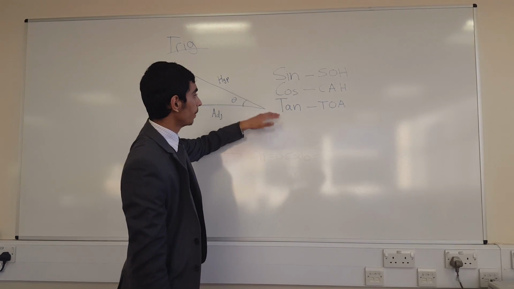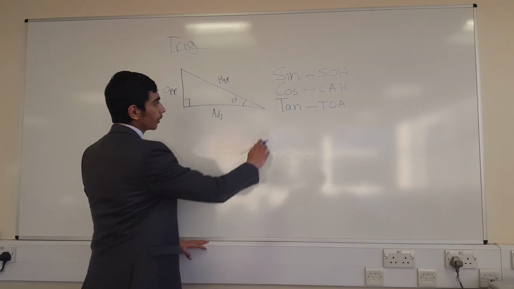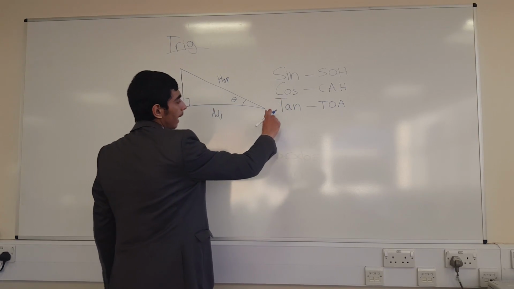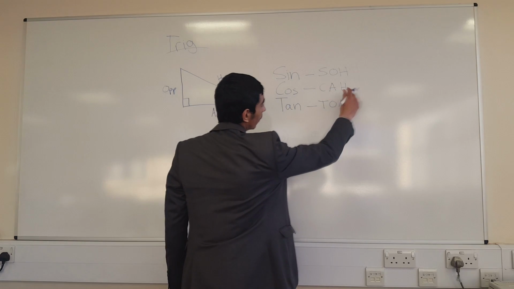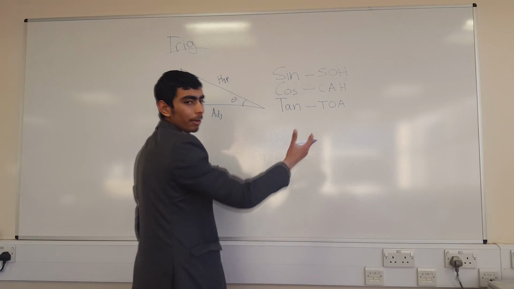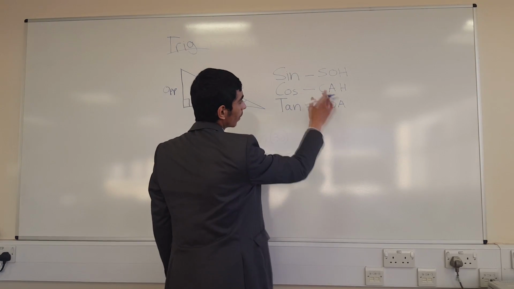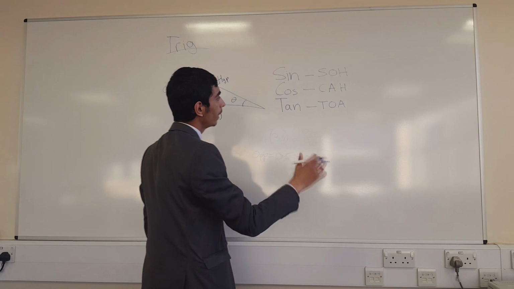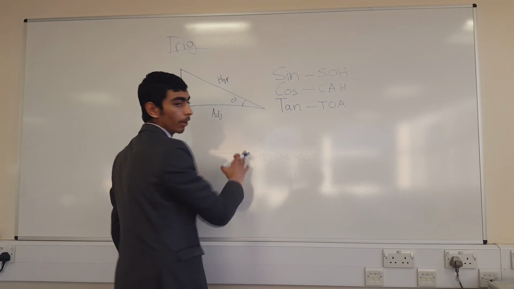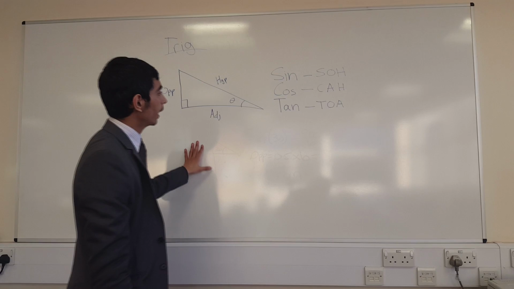Well, we need to know what they mean. So we've got sine, cos, and tan, and you just need to remember this mnemonic, SOHCAHTOA. Just stick this in your head. It's really helpful regarding trigonometry.